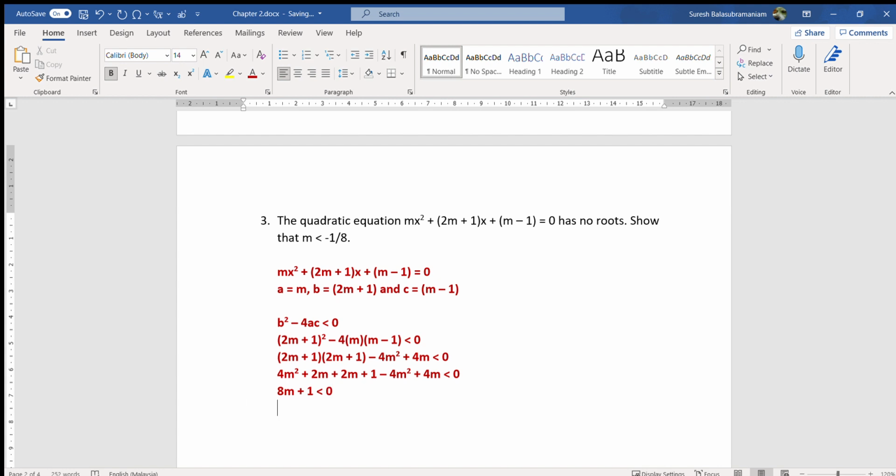So 8m is less than negative 1. 8m, so just leave m, m is less than negative 1 over 8. Okay, and it is shown as requested in the question. So that is the answer. Okay, I'll stop here for this video. See you again in the next video.